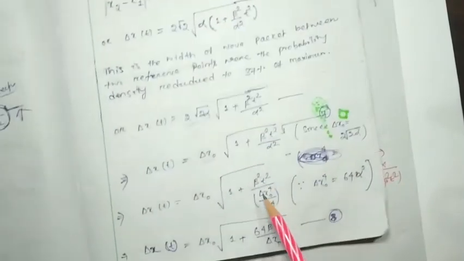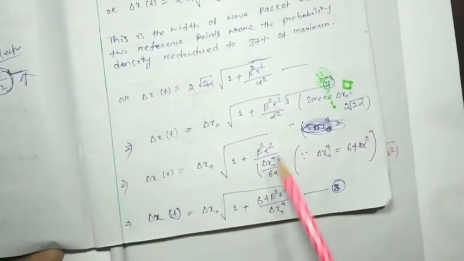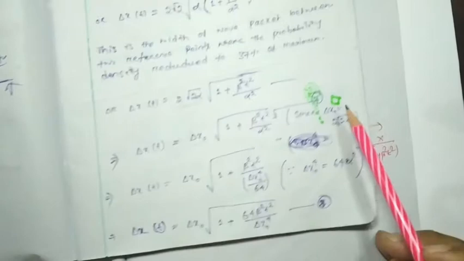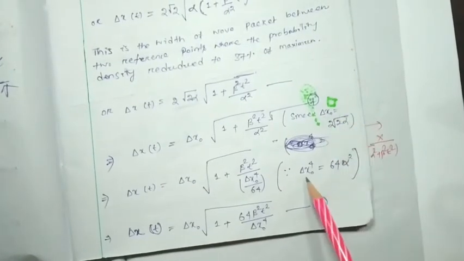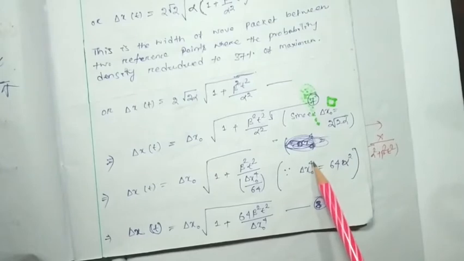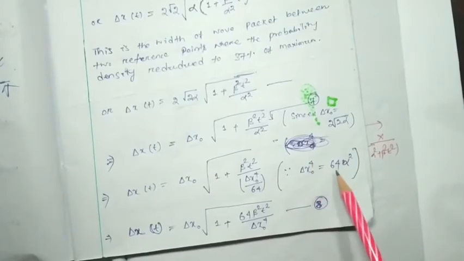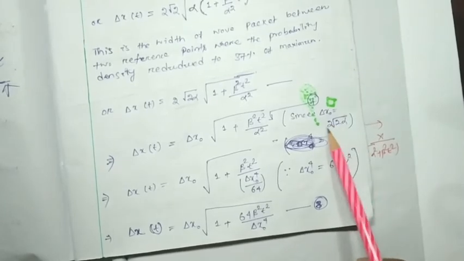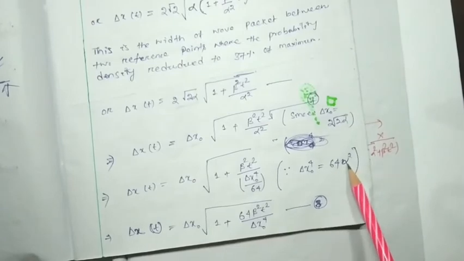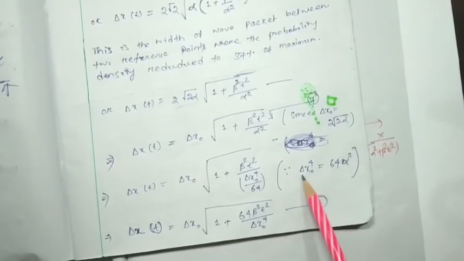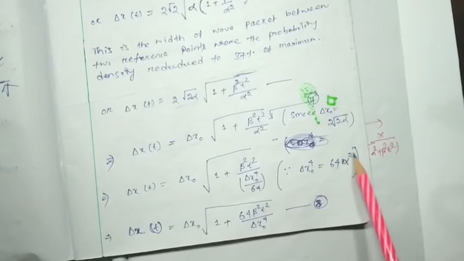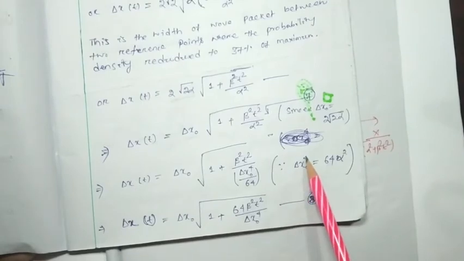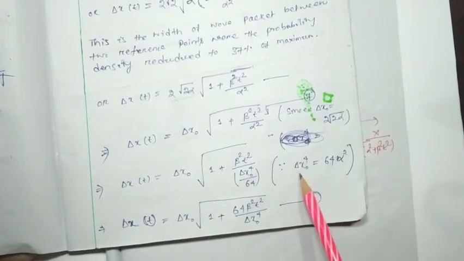Okay, now del x t I can write in this form, because del x 0 to the power 4 will be nothing but 64 alpha square. So this much to the power 4 will be 64 into alpha square. I am doing this because I want to write alpha square here in the form of del x 0 to the power 4 by 64.